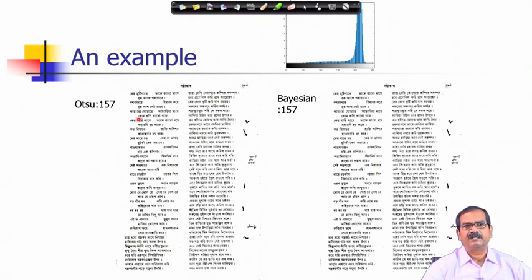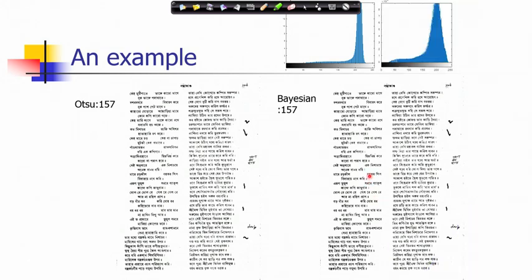Incidentally, though the threshold values are the same, you can see a little difference between these two images, though the quality is almost similar. This difference happens because we would like to make the histogram bimodal. So, before applying Bayesian classification, we processed the image so that the histogram has sharper modes in the foreground zone. How we process it, I will discuss in the next part.